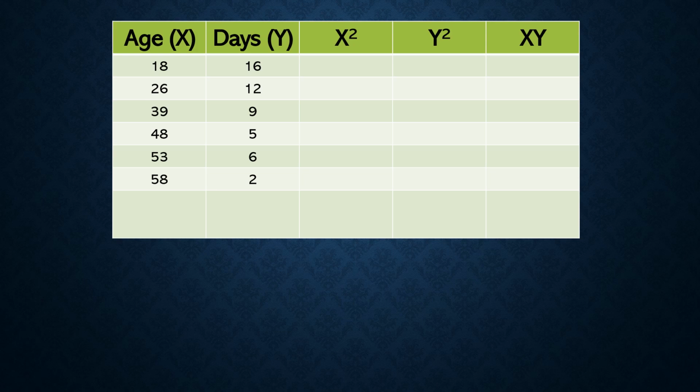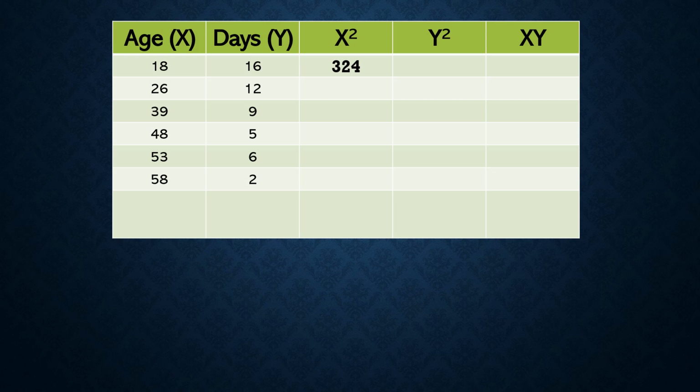So the first thing that you're going to do, you're going to compute for x squared. It implies that you will multiply all the values of x by itself. So we have 18. In order for us to get the value of 18 squared, you will multiply 18 times 18. So 18 times 18 is 324.